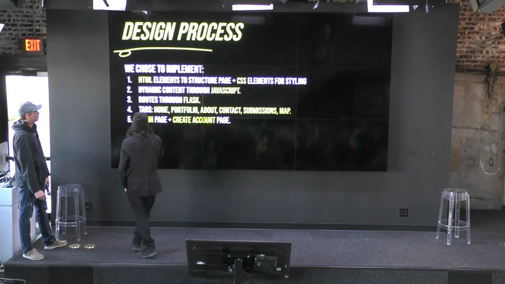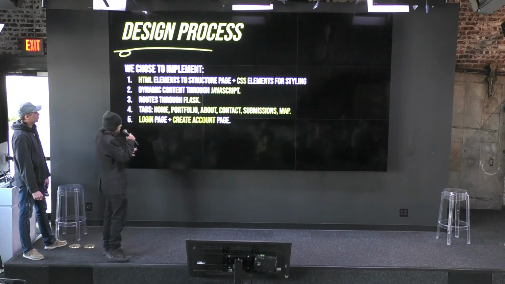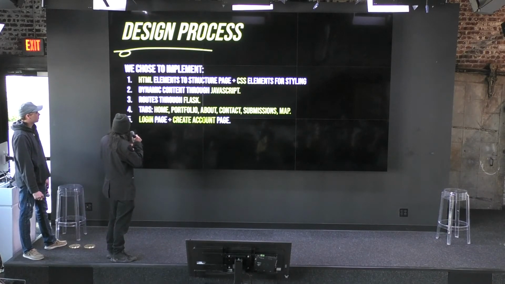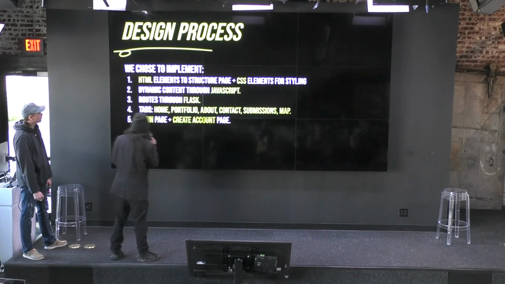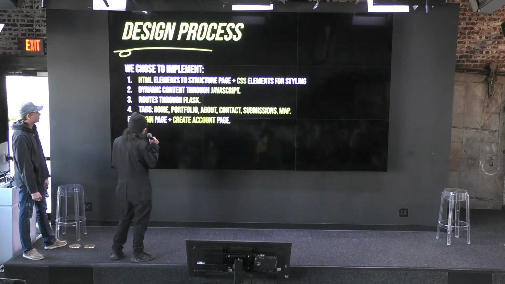The login page and create account page we didn't necessarily get up and running. There's a few features on the website that we just ran out of time and couldn't get running.